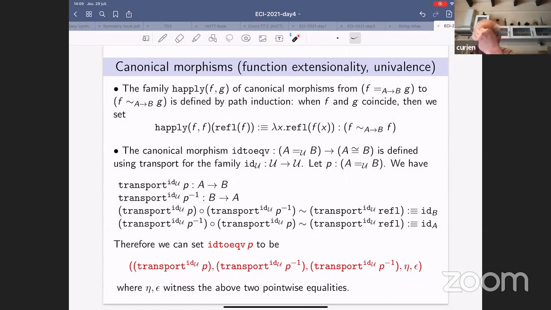So how do we get from P easily a function from A to B? By using the identity family.